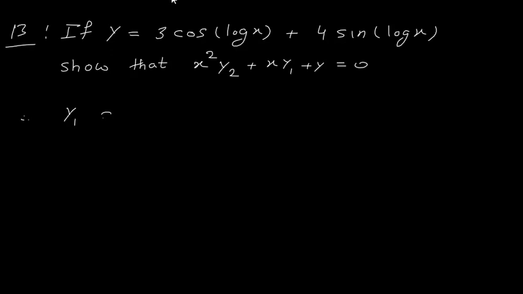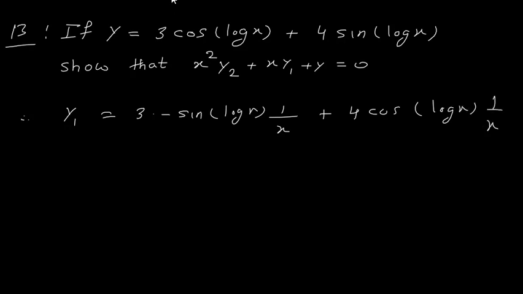I will write y1 is equal to, here I differentiate, so it is 3 into the derivative of cos, which is minus sin, so it is minus sin log x, and then the derivative of log x is 1 upon x, plus 4, the derivative of sin is cos, so it is cos of log x, and then the derivative of log x is 1 upon x.